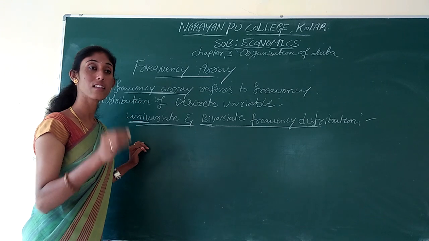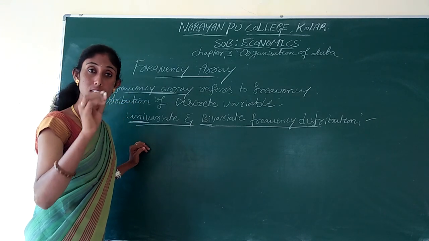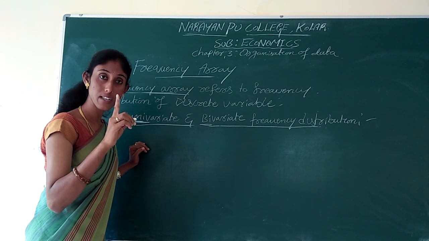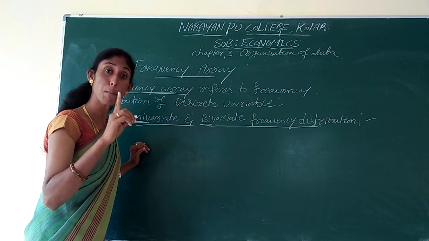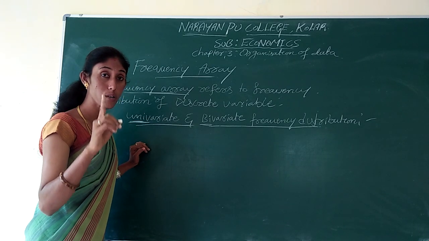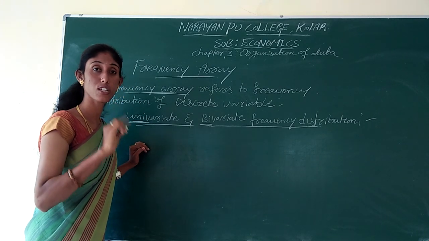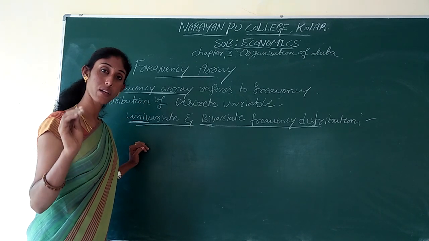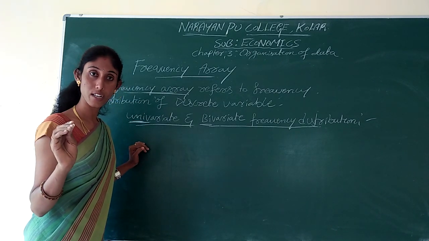Or else the income of persons. The variable is only one, income, right? Likewise, any one particular variable we are going to discuss in the frequency distribution, that can be called as a univariate frequency distribution. Did you get it?